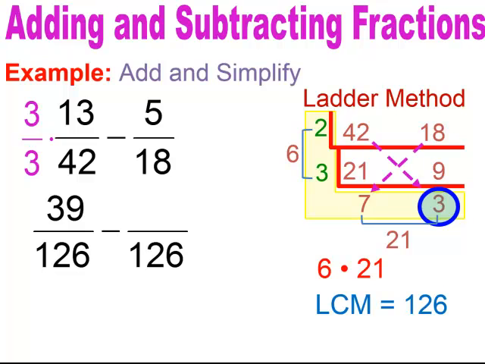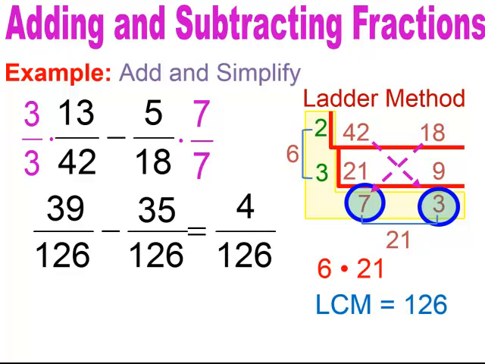And with 18, the number I need to multiply by to get 126 is that bottom diagonal number of 7. So I know I need to multiply the fraction by 7. So I end up having 35 over 126. And now I have like denominators, or like fractions, so I can subtract, in this case, the numerators.